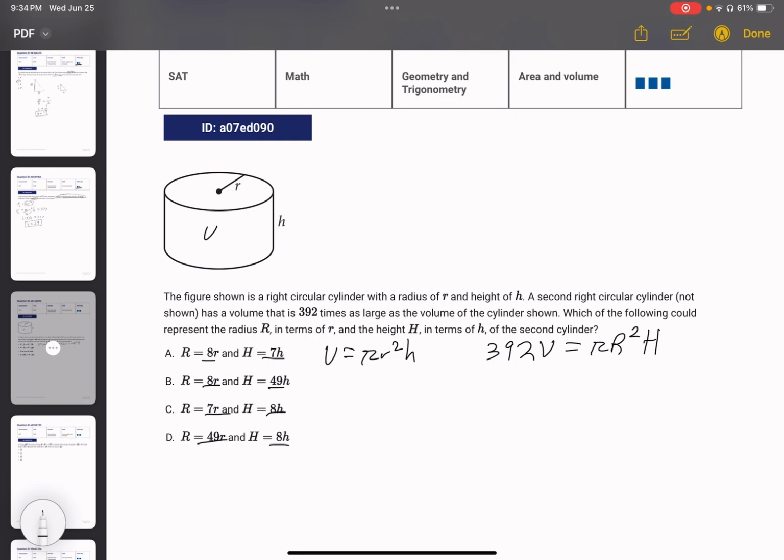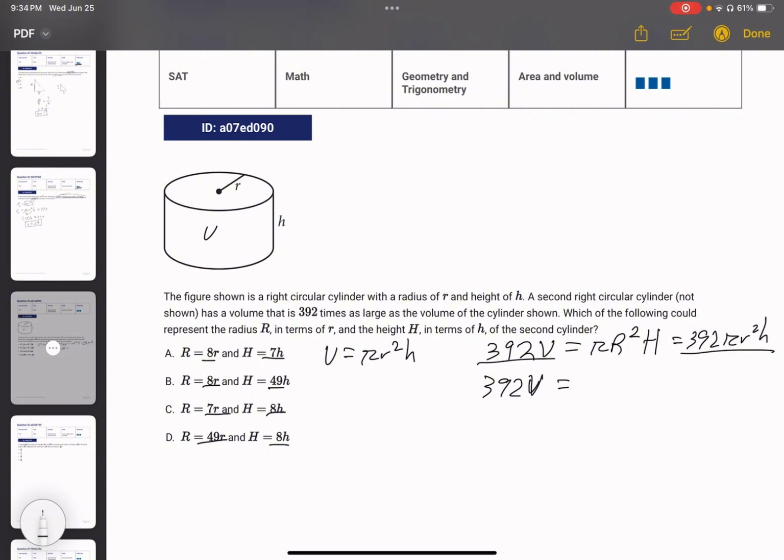So 392V must equal 392 pi r squared h. So we're going to see if we get that. If this is satisfied, that's our answer.